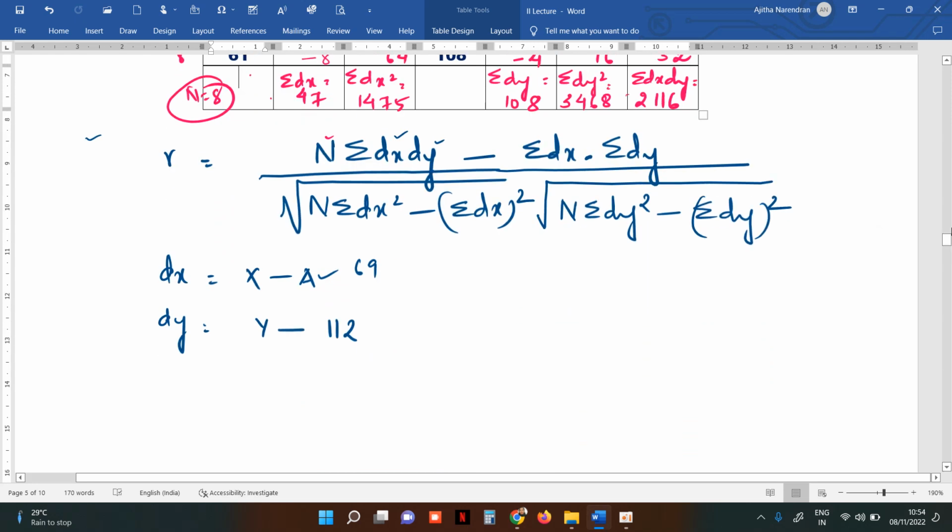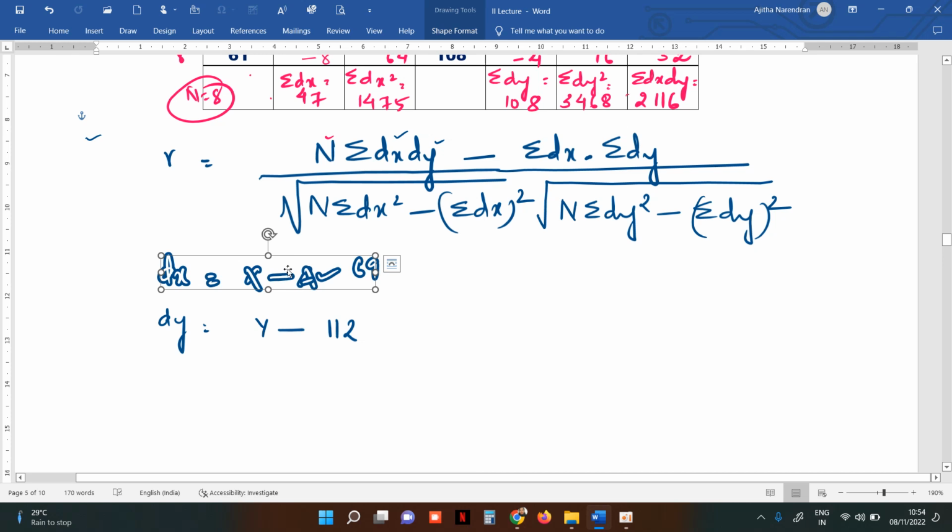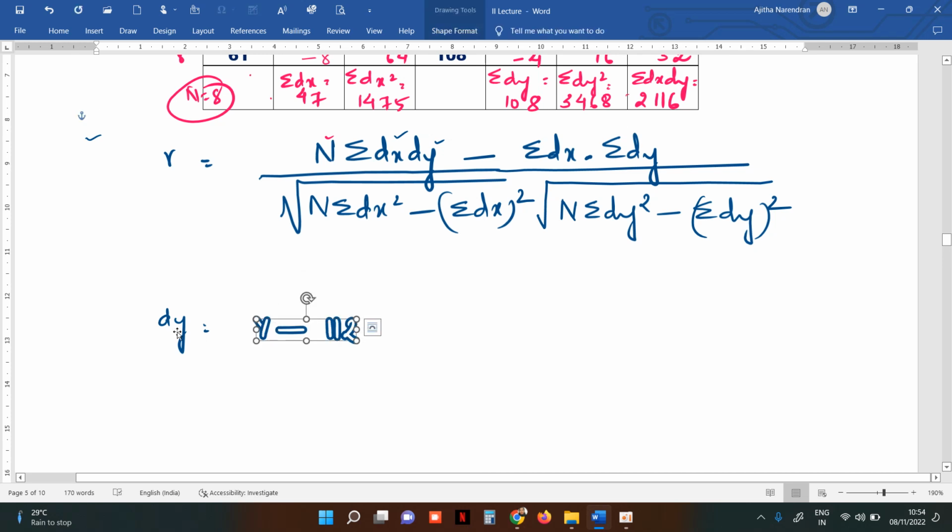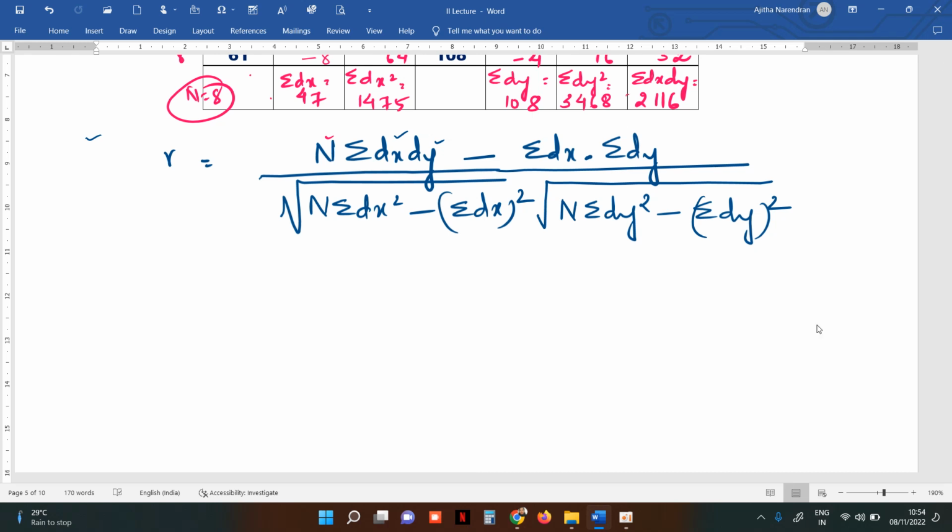We can put the values. I'm just going to delete these values. Okay, we can compute the values here. R is equal to, what is n? n is 8, right? n into the summation of dx dy, which is 2116, minus dx, which is 47, into dy, which is 108. The numerator portion is over.